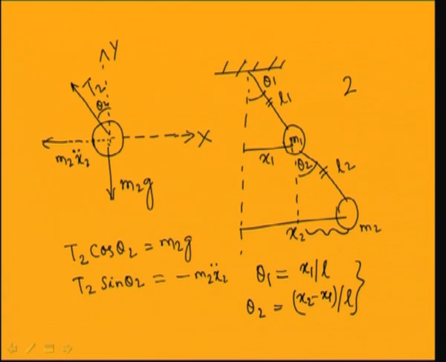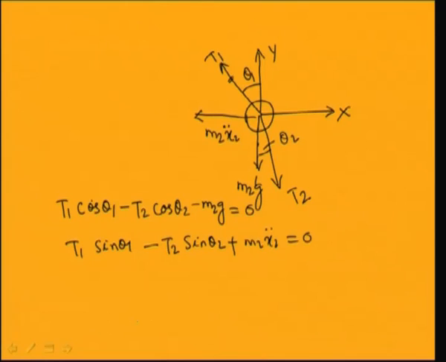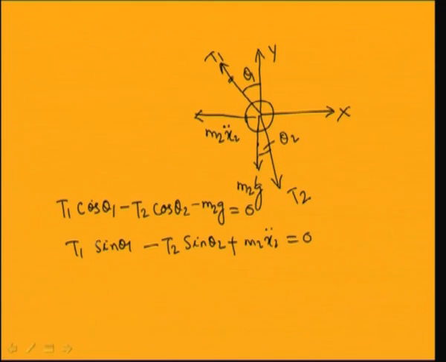Already I know that T2 equals m2g and theta 1 equals x1 by L. So from these four equations, T2 you already got equal to m2g, and T1 you can see from this expression, T1 cos theta 1 is equal to 1.